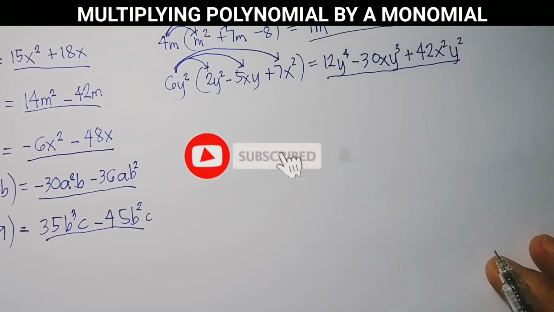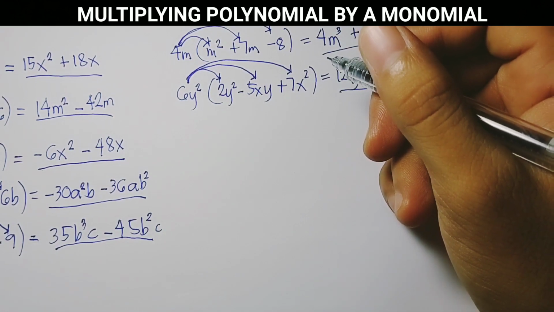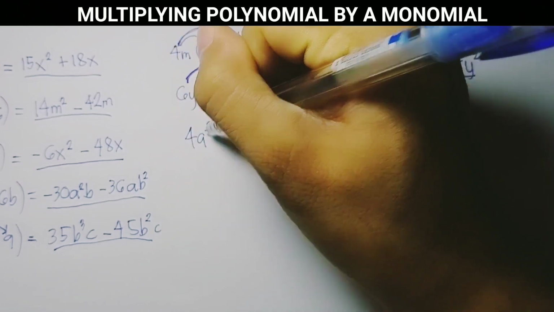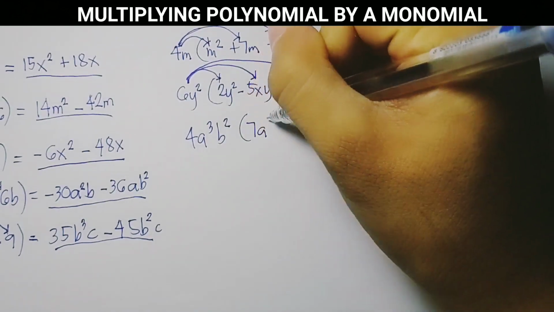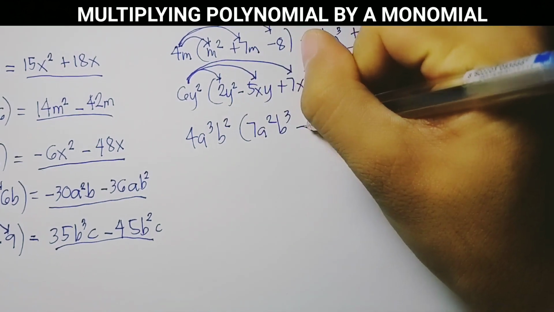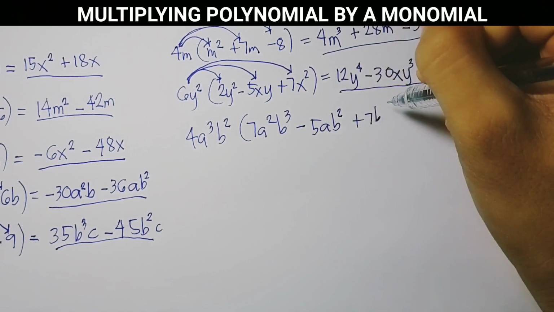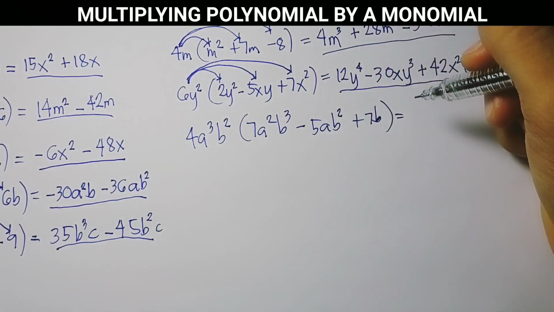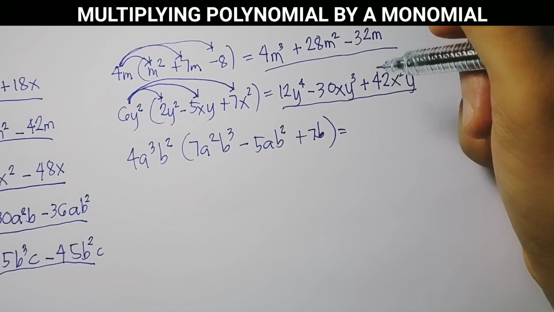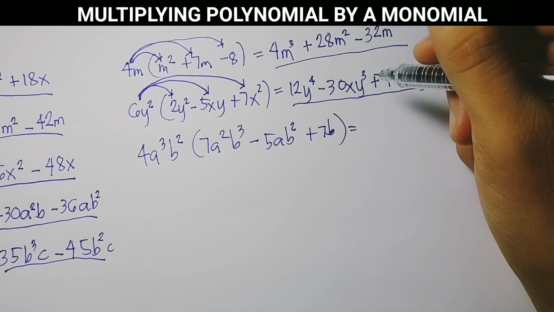Pero mag-example pa yun ta para mas masampan pa nato. So, let's have 4a cubed b squared. Multiply nato sa 7a squared b cubed minus 5a b squared plus 7b. Ang saro, daghan na kaayo na og variable. Masabtan ra na nato kadugayan og paminaw sa daghang examples.